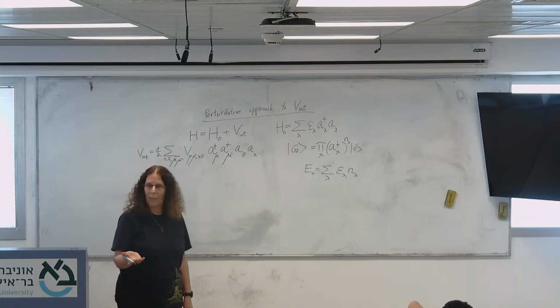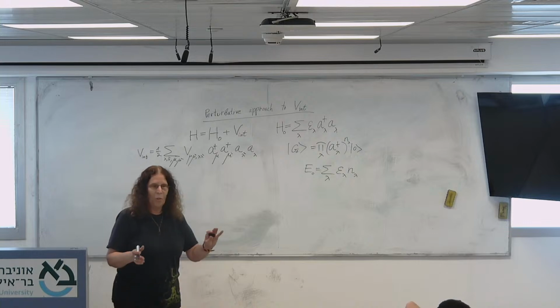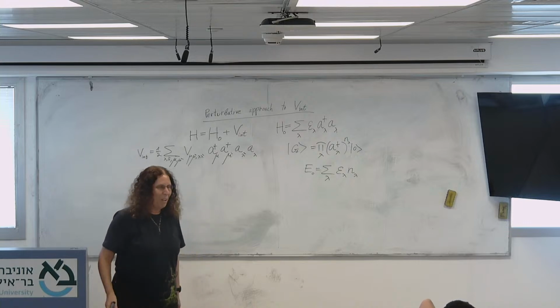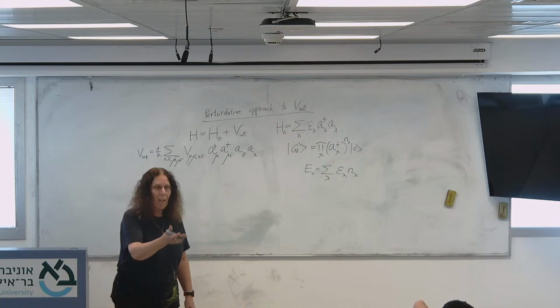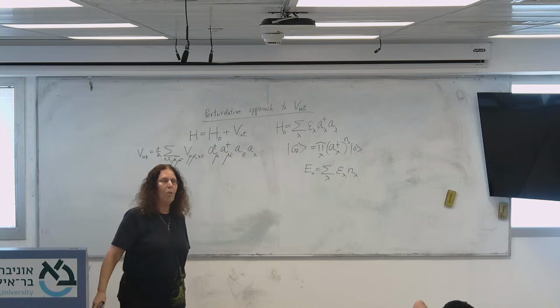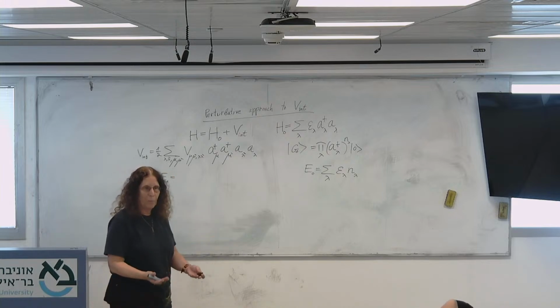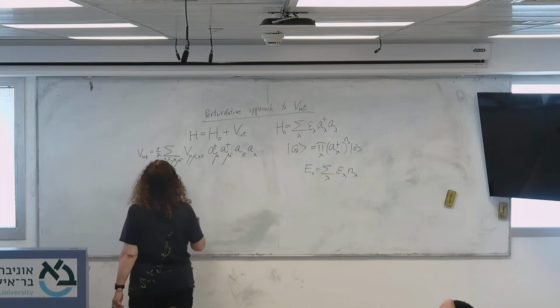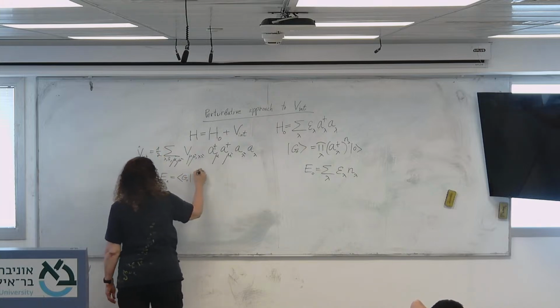You remember what it is in general? No sum. What is it? Expectation value of V. Exactly, it's the expectation value of the perturbation in the ground state of the unperturbed state. Okay, so this is what it is. Okay, let me just put here operators.